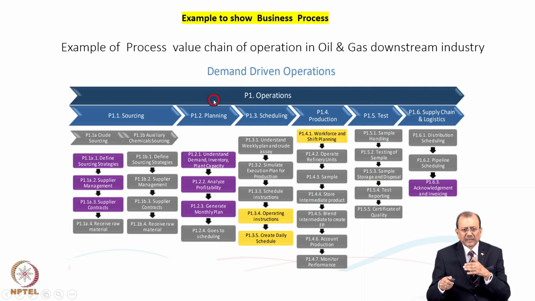Manufacturing involves sourcing, planning, scheduling, production, test, and supply chain and logistics. These are the key processes of the operation, and below that you will find quite a few sub-processes. So there is a very good scope of applying technology in all these processes. This is what I wanted to show you with the help of this picture.